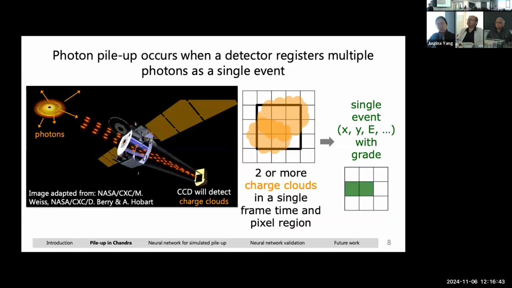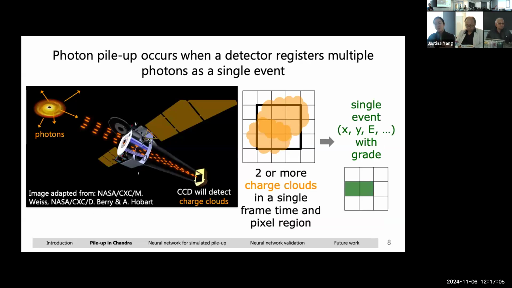Specifically in ACIS, photon pileup happens when your detector registers multiple photons close enough together on the detector within a particular time. So multiple photons can be incident on the detector at the exact same time or shortly after each other in time. But by default, ACIS only reads out signal approximately every 3 seconds.